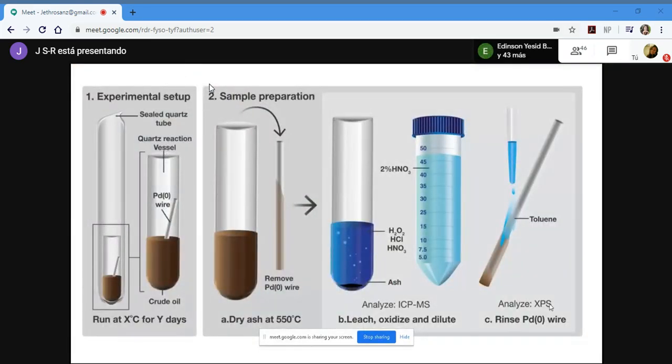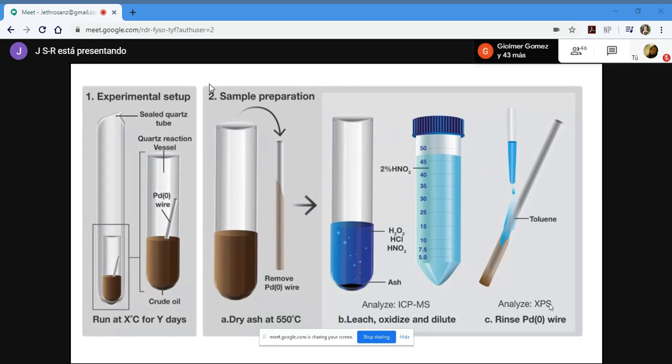So in order to test this hypothesis, we devised an experimental method to find out the steady state concentration of different metals in petroleum. In order to do this, we would get a piece of metal wire.